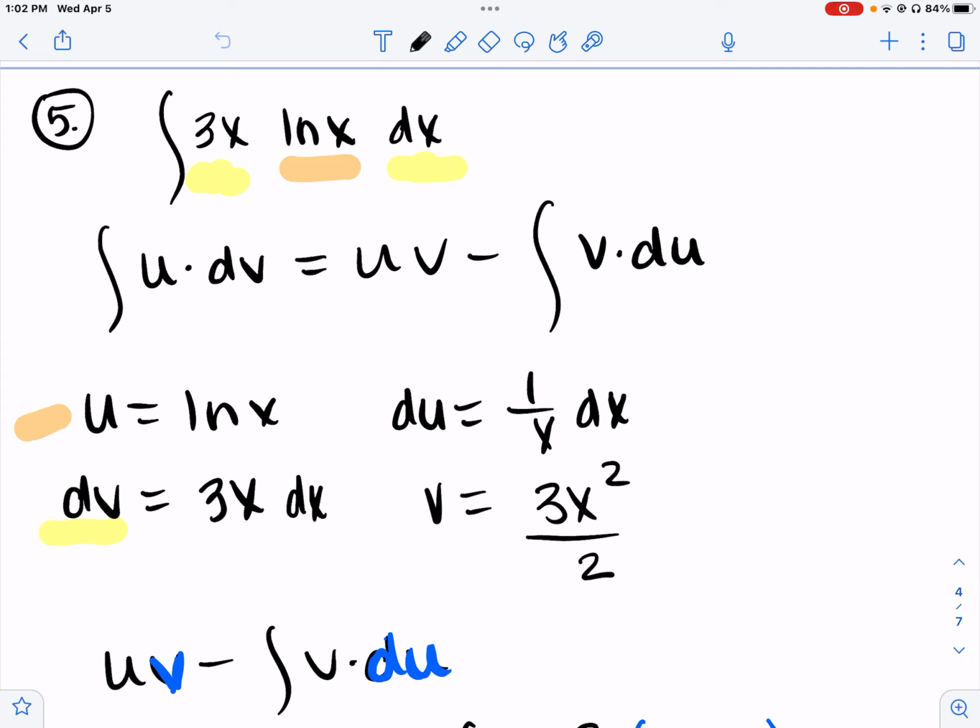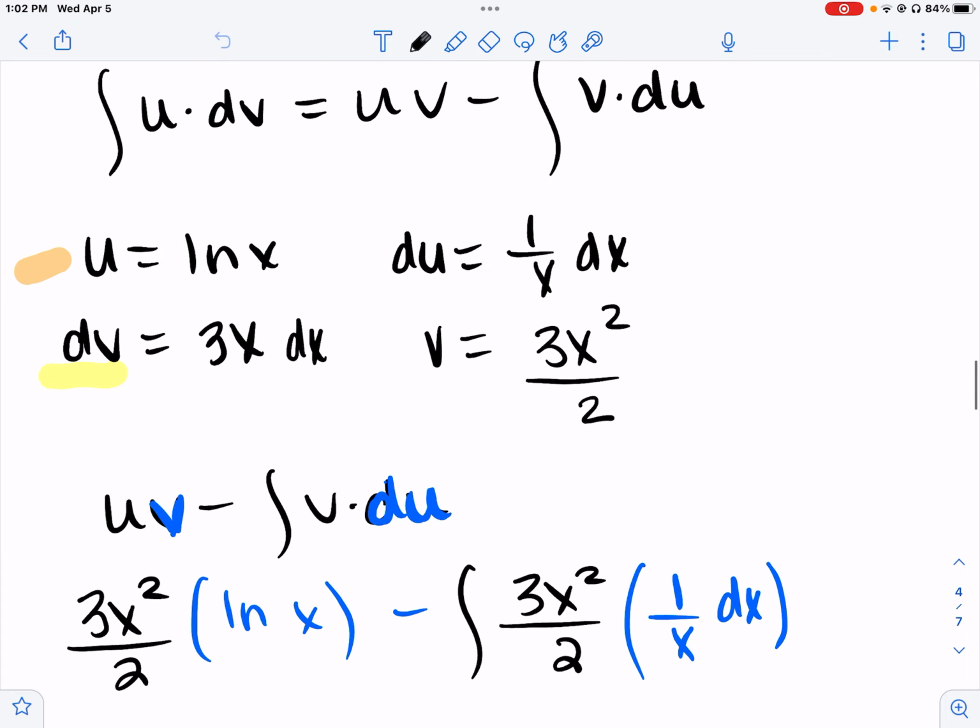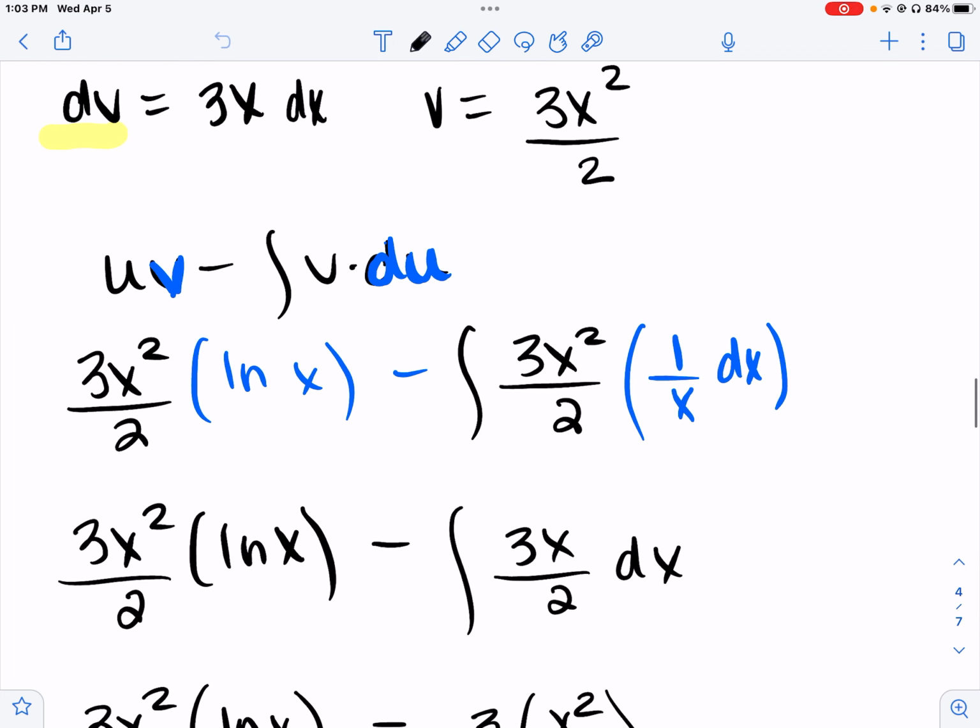So we'd have 3x squared over 2 would be v. Now our formula is u times v. U is ln of x, and v is 3x squared over 2, minus integrate v du. V is 3x squared over 2, and du is 1 over x dx.